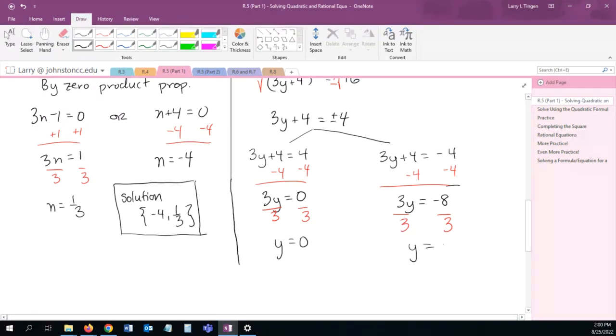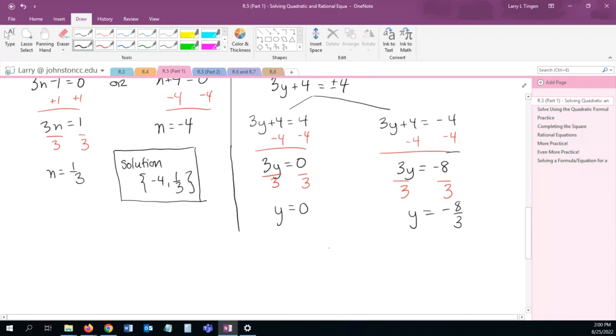In this case, it's 3. I have y is equal to negative 8/3. So my solution set contains 0 and negative 8/3. And there they are. They are my solutions.